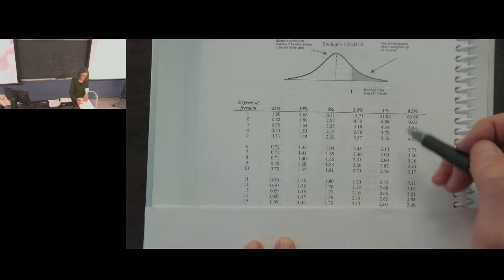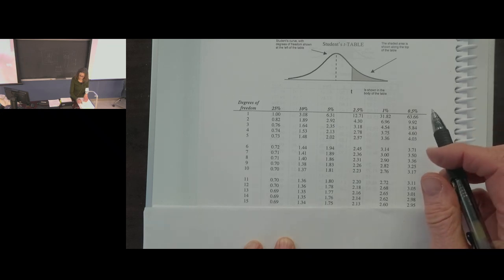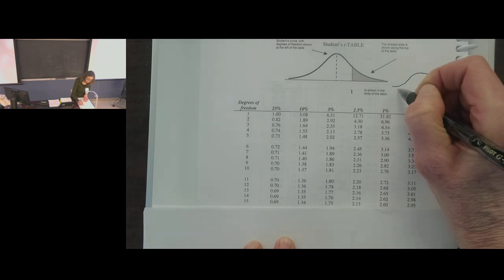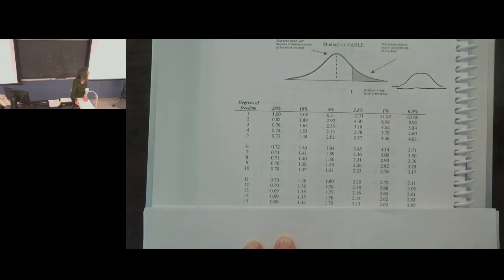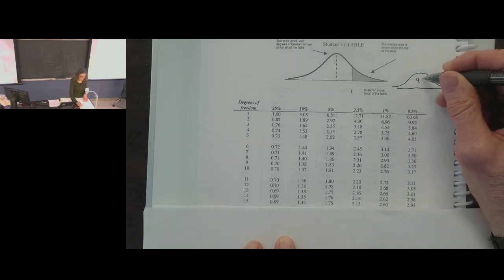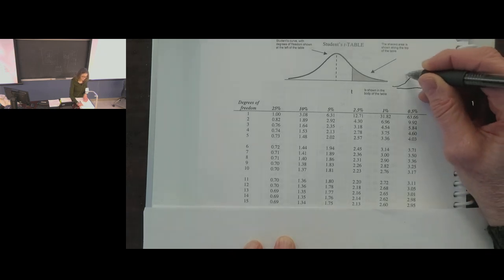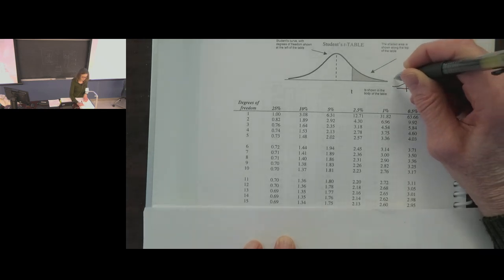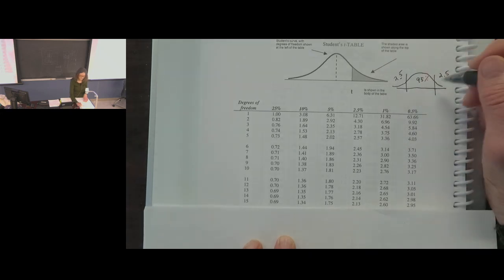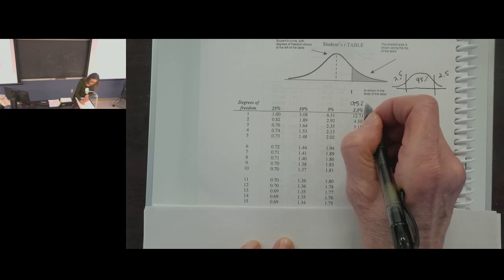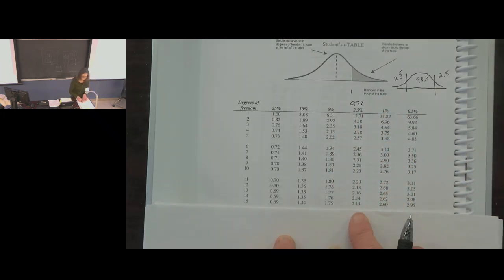Okay, so this is just area of the tail. So here, let's just draw another picture. We want a 95% confidence interval. So a 95% in the middle. So what's going to be on these tails? 2.5 here and 2.5 there. So do you see how this right here matches up to a 95% confidence interval? This gives you this 2 point on the t-curve.